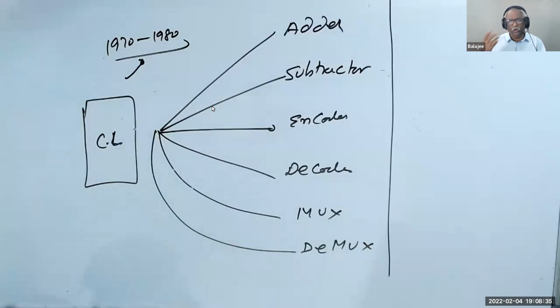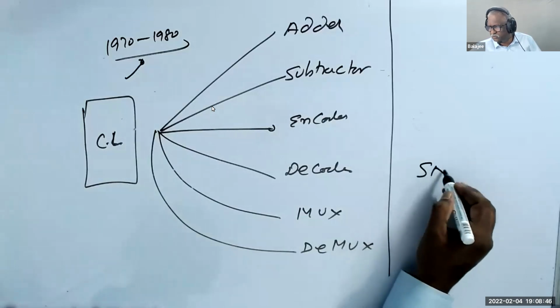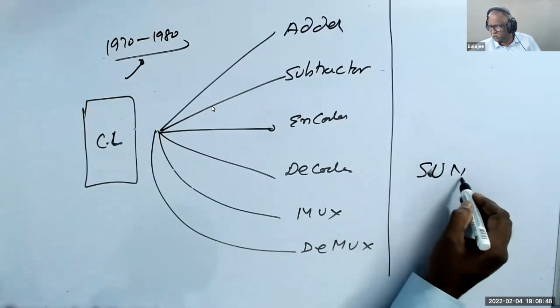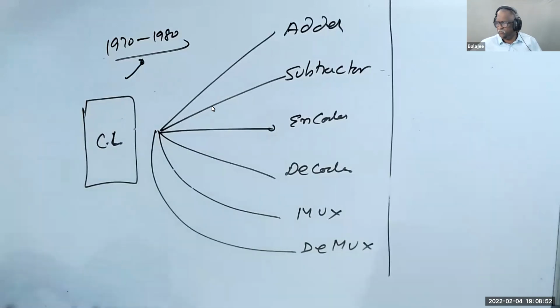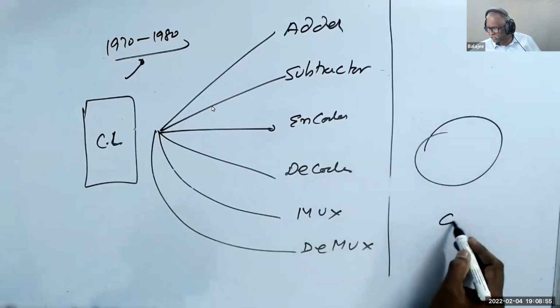Understood? But today, you know that about 100 or 200 years back, people thought only the sun is the biggest star. That's the reason we thought, oh, the sun is great, such a big thing, and the earth and everything is small.